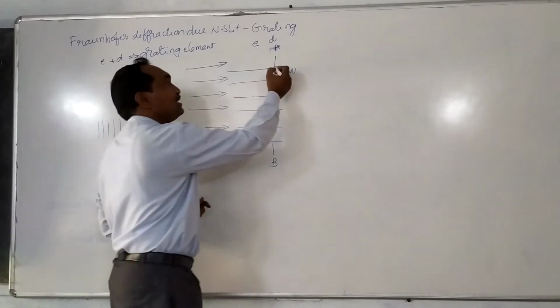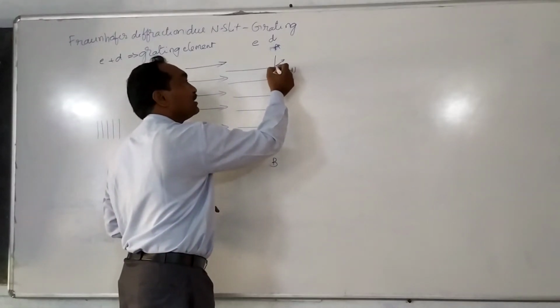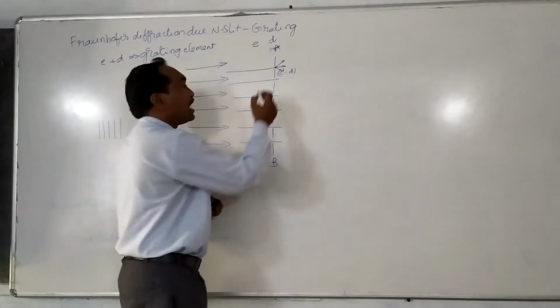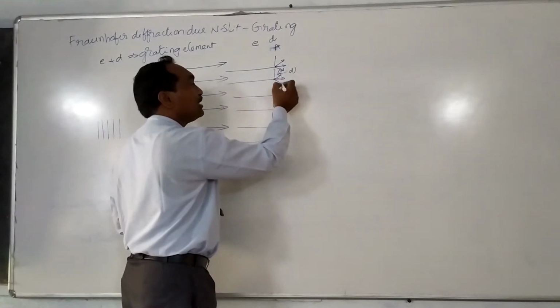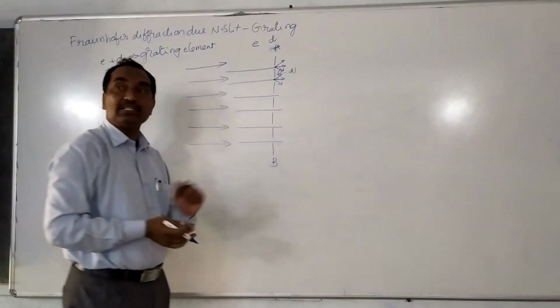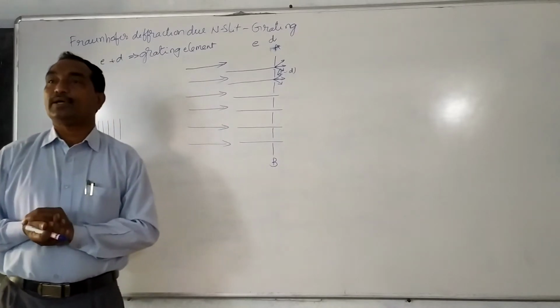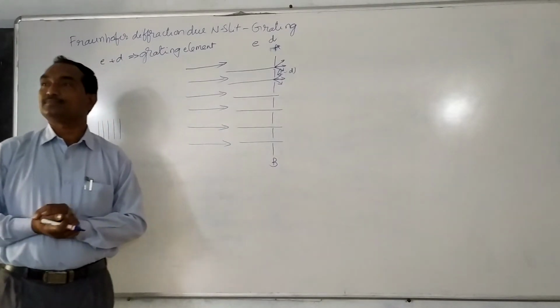So all these rays will go along this direction, along this direction, along this direction, and so on. In all slits, the secondary waves will move in all directions according to the Huygens principle.